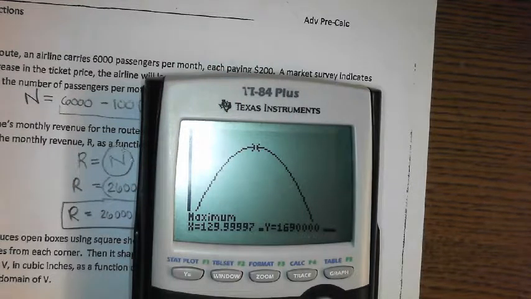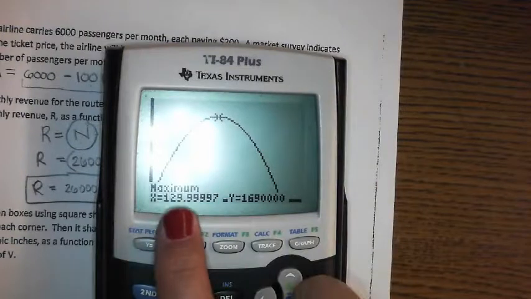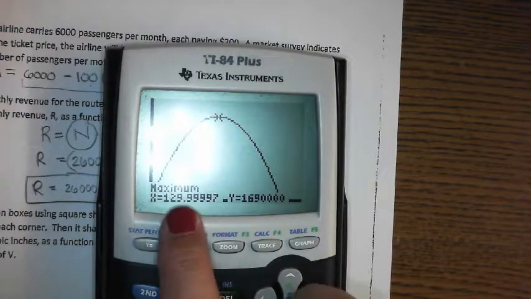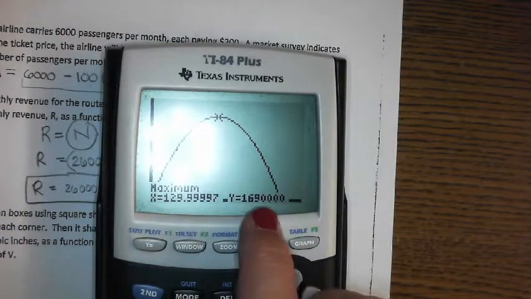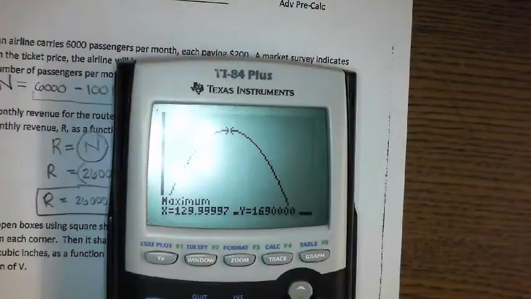We're losing passengers and not filling seats because the ticket prices are too much. Our best ticket price is $130, and our revenue under that sort of situation would be $1,690,000. Yes? Because right now we're only making $1,200,000. Does this make sense? Okay?